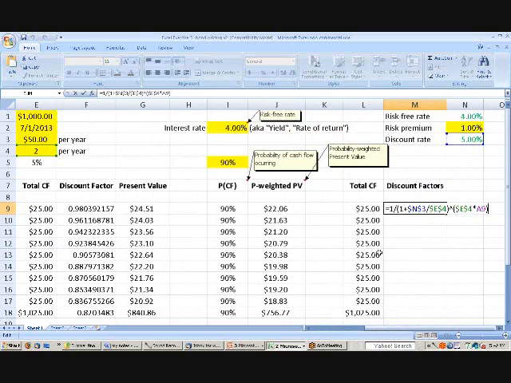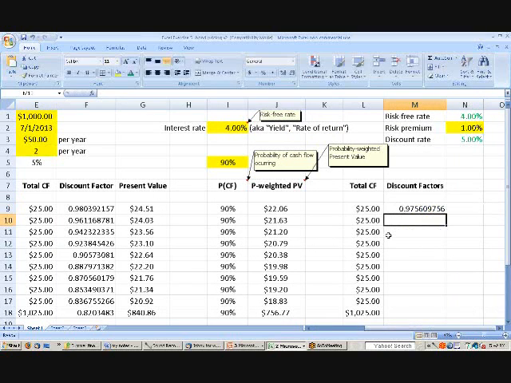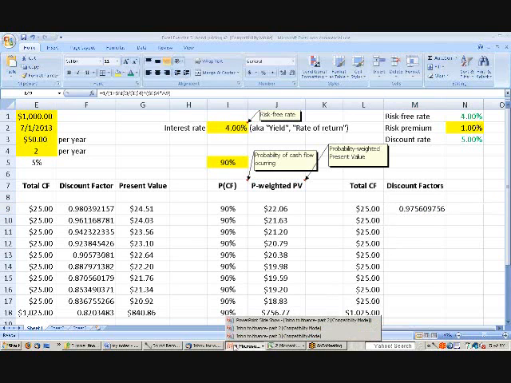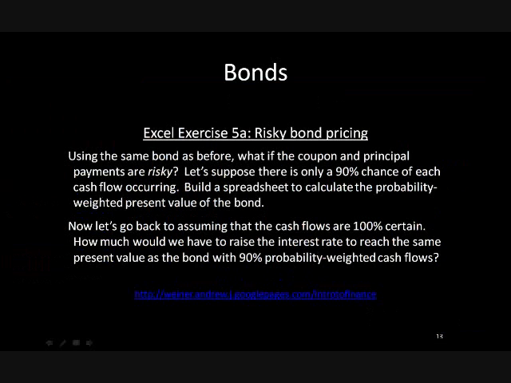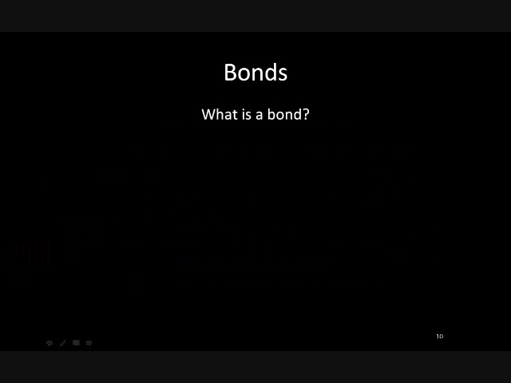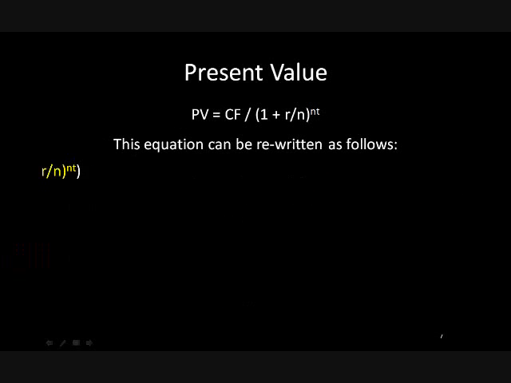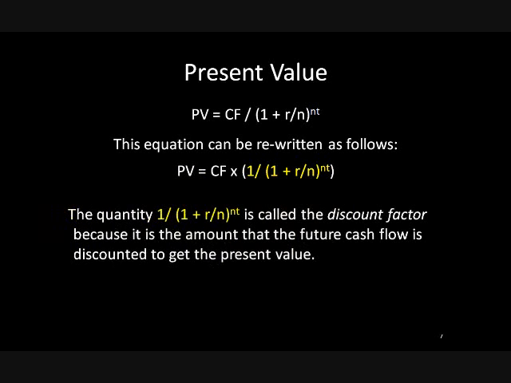If you're having trouble with that, you can refer back to the formula for the discount factor, which I'll show you right now really quickly. Let's see here. Just go back a few slides. Right there, that thing in yellow. 1 over 1 plus R over N raised to the NT.